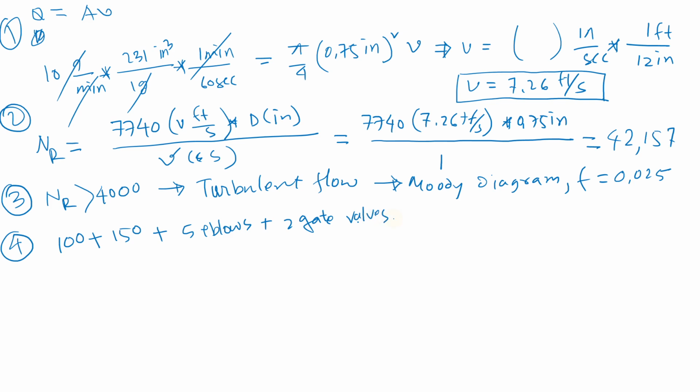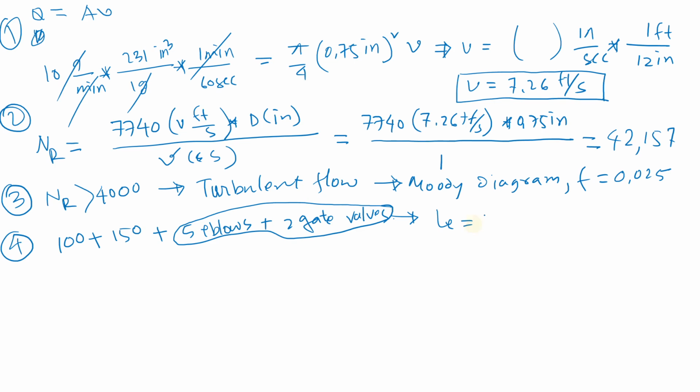So you have to account for friction losses for all of them. The easier way to calculate the losses for the fittings is to think about the equivalent length concept.